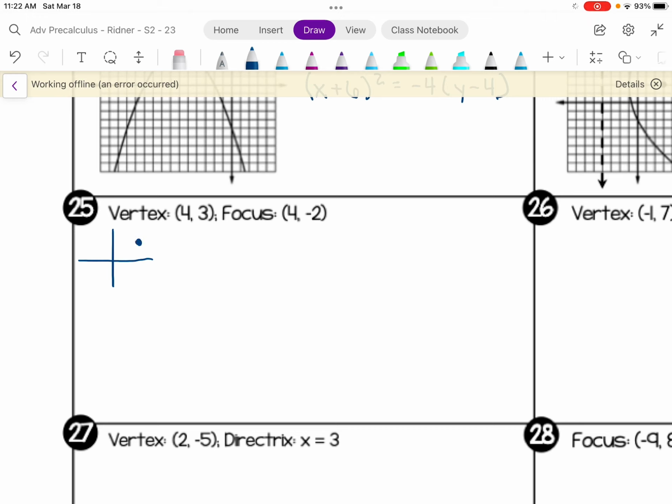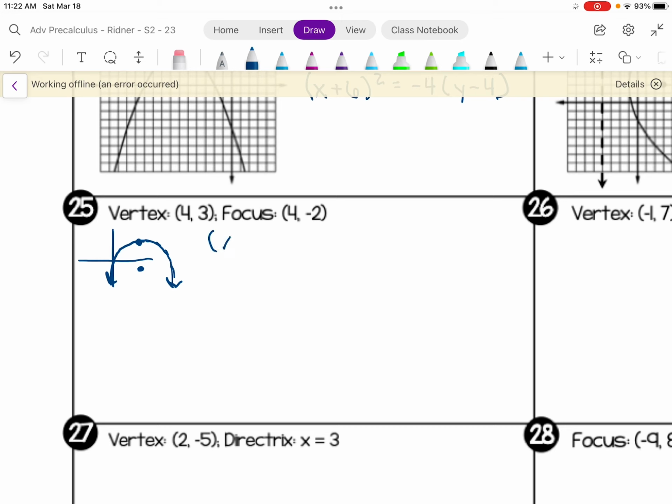My focus is 4 over, but it's at -2. The focus has to be in the bowl of the parabola, so it has to look like this. That gets my mind right as far as what is happening. Eventually, the more you do of these, maybe you get to a point where you don't have to draw them, but most of us will need to.